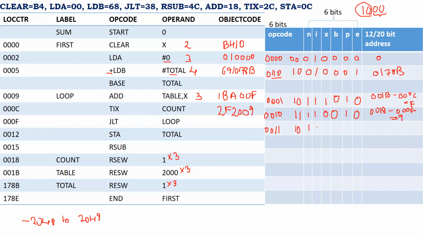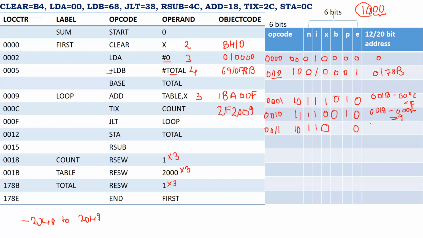Both N and I are set to 1, since it's neither indirect nor immediate. And there is no index register, that's why it is 0. Now E is 0 because the format is 3.